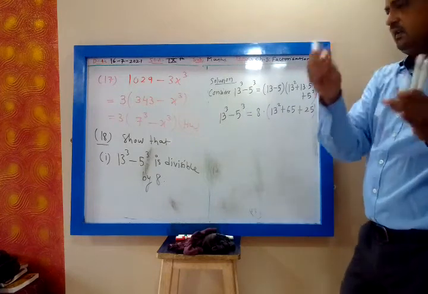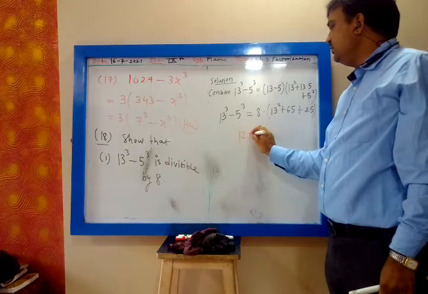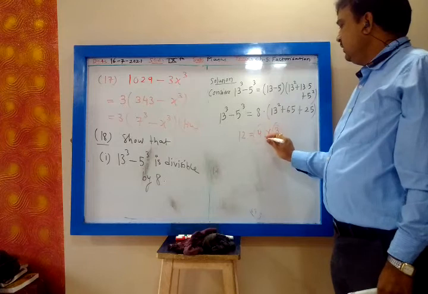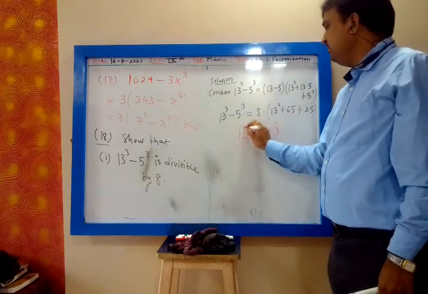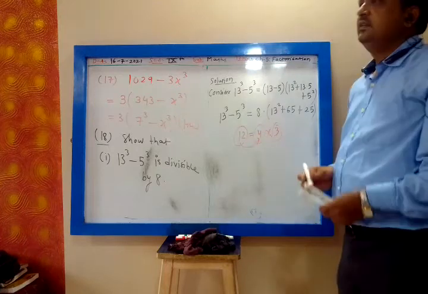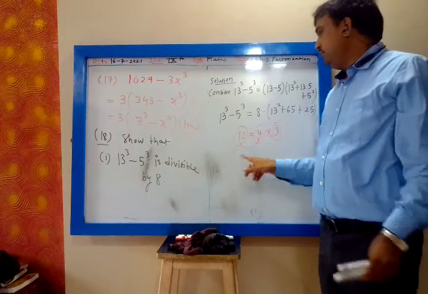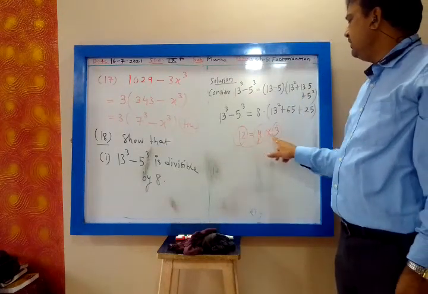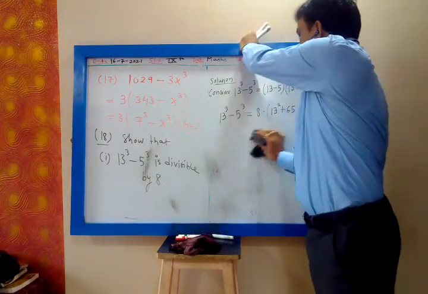Whenever you see here, if I can write 12 as 4 into 3, that means 4 and 3 are factors of 12, and the given number is divisible by its factors. So if 12 can be written as 4 into 3, that means 12 is divisible by 4 and by 3. So 13 cube minus 5 cube is written as 8 into this.